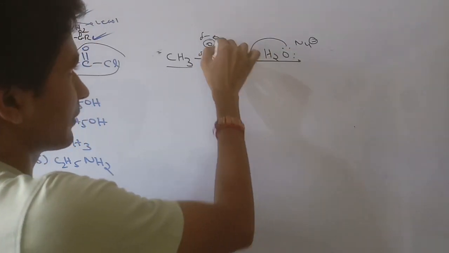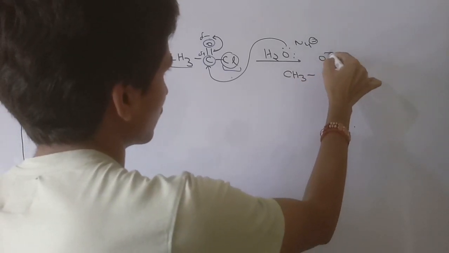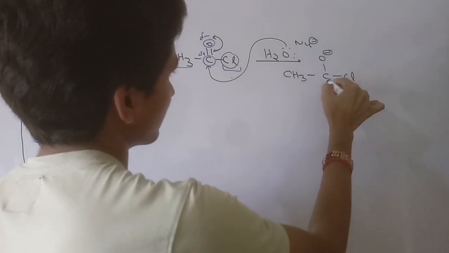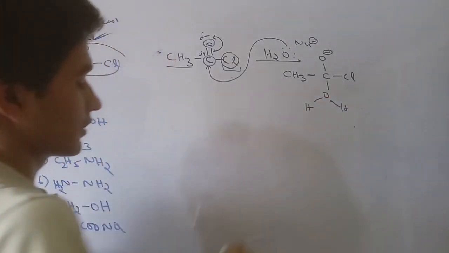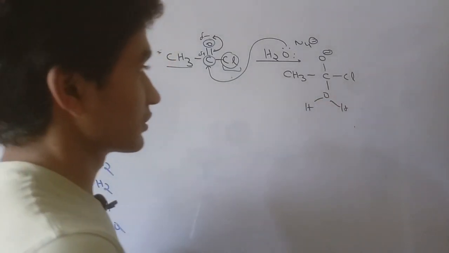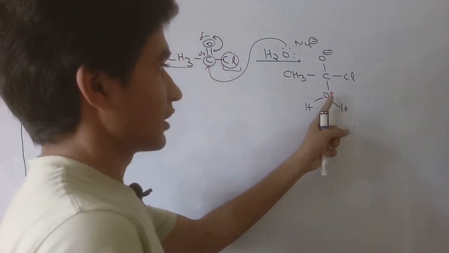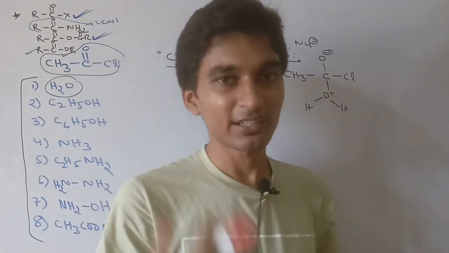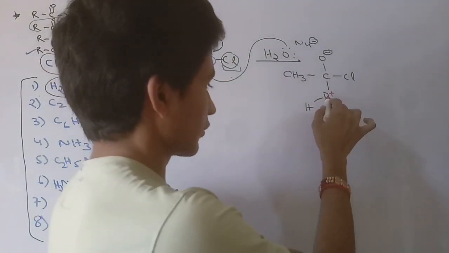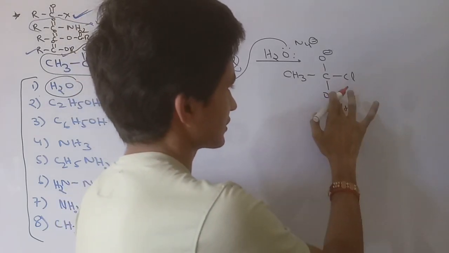The bond will open. So this is CH3 CO minus, Cl, and H2O like this. But you know oxygen generally forms two bonds, because if oxygen forms three bonds, there will be a positive charge on it, and a positive charge on a highly electronegative atom like oxygen is quite unstable. So oxygen will remove one bond, and its charge is neutralized.